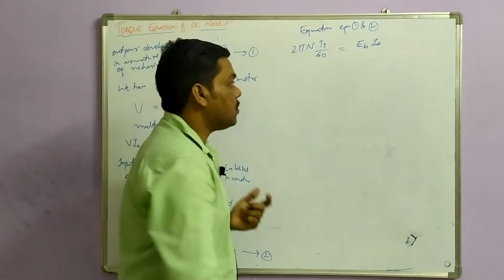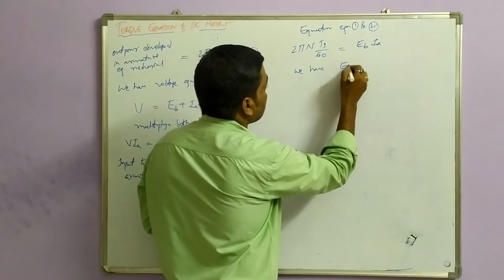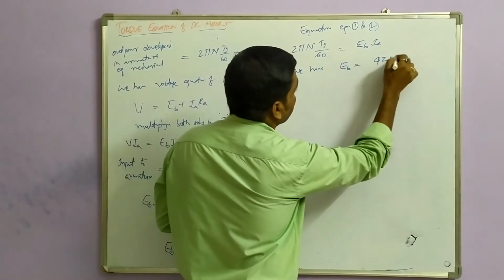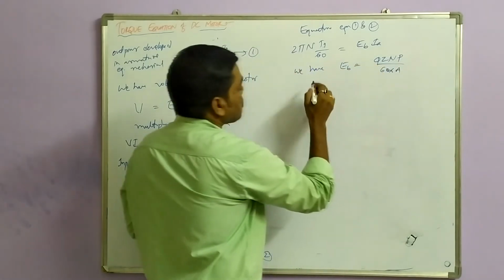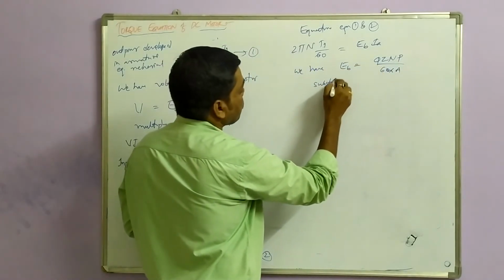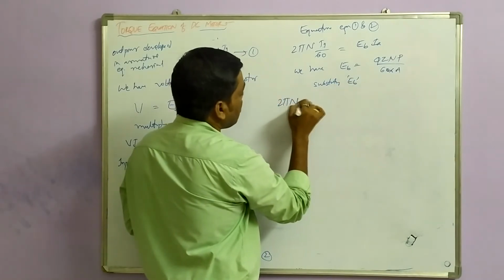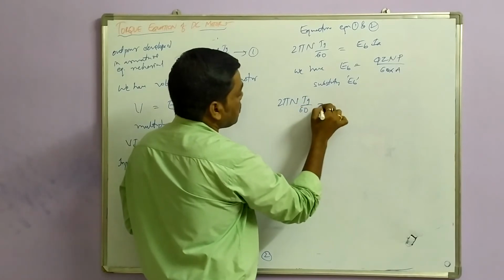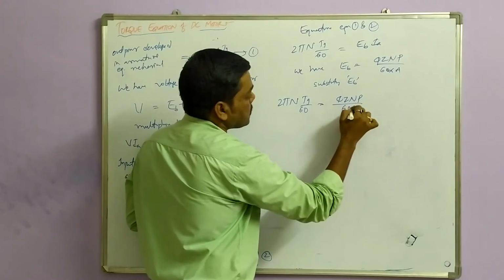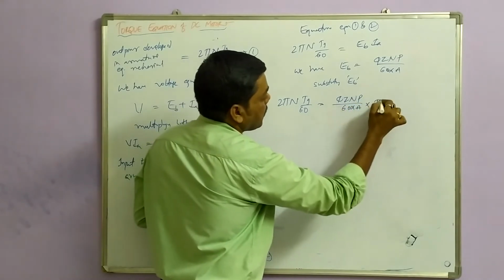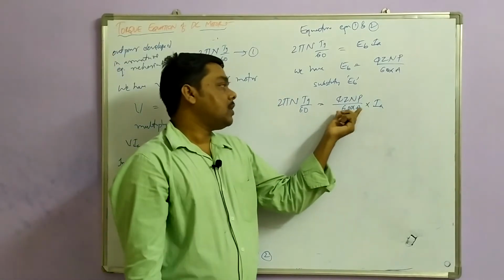We know the formula: Eb is equal to phi Z N P by 60 A. Substituting Eb, 2 pi n Tg by 60 equals phi Z N P by 60 A into Ia.